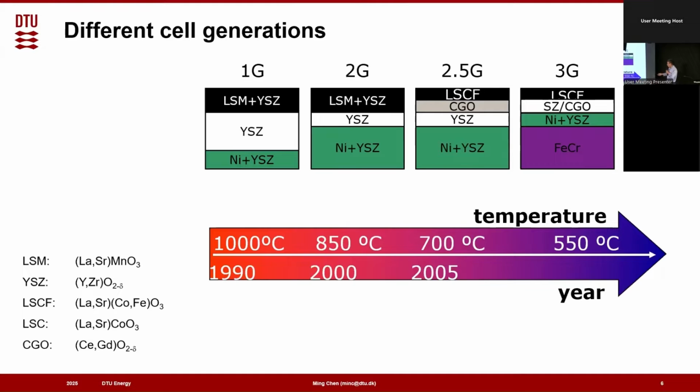For example, in the middle, the electrolyte, that's yttria stabilized zirconia, YSZ. For the fuel electrode, that's always a mixture of metallic nickel with YSZ. So we call this a ceramic metal composite. And on the oxygen electrode side, that's a perovskite mixed with YSZ electrolyte.